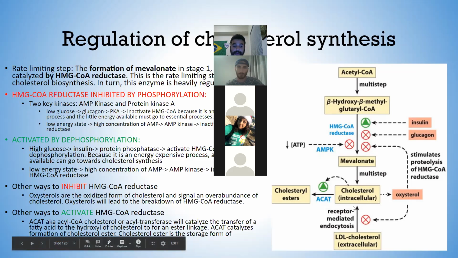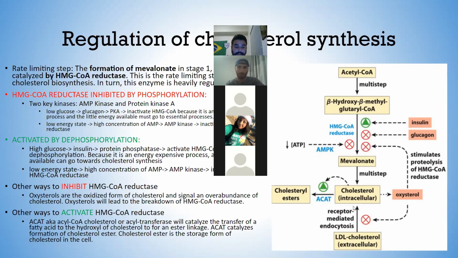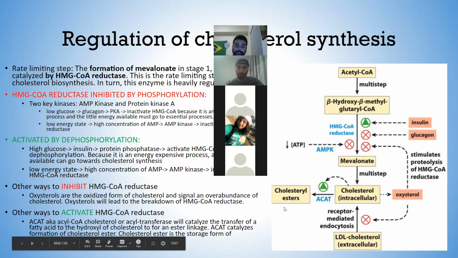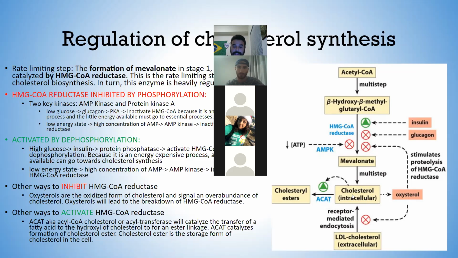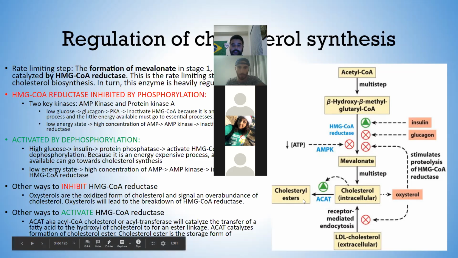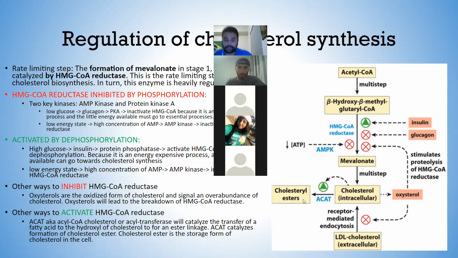Another way that we're able to activate HMG-CoA reductase, although it's kind of indirectly, is through ACAT, or the acyl-CoA cholesterol acyltransferase, which will catalyze our cholesterol into cholesterol esters. As we start forming cholesterol esters, we start diminishing the concentration of cholesterol intracellularly, allowing cholesterol synthesis to occur more rapidly because we don't have as much product, right?